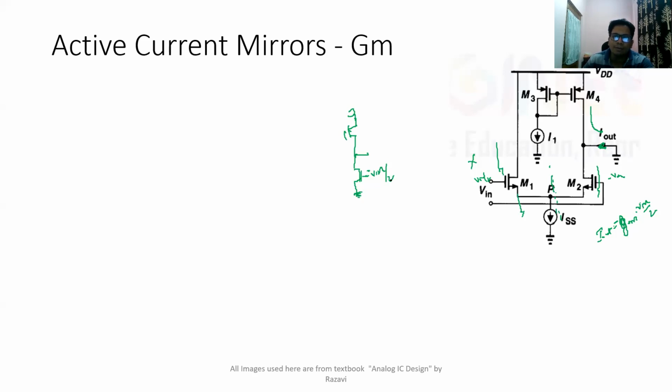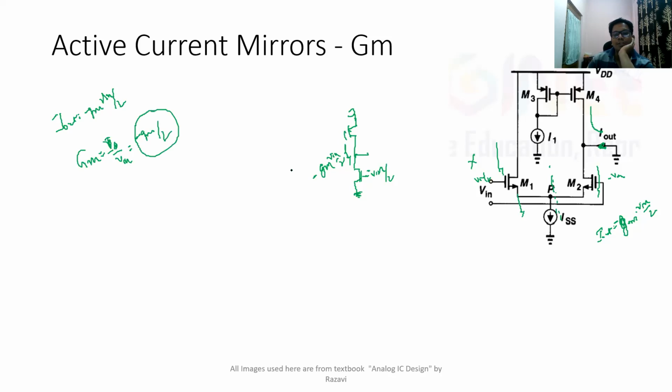When you apply V in by 2, the output current you get through this circuit is GM of this transistor into V in by 2 in the negative way, because it is inverting. So I out is minus GM V in by 2, which means GM, the output current by input voltage, is going to be minus GM by 2. So this is the GM of this complete circuit: the large signal GM is going to be small GM by 2.